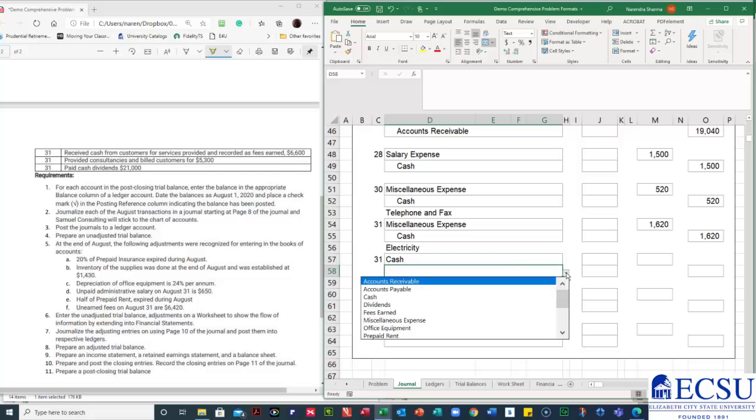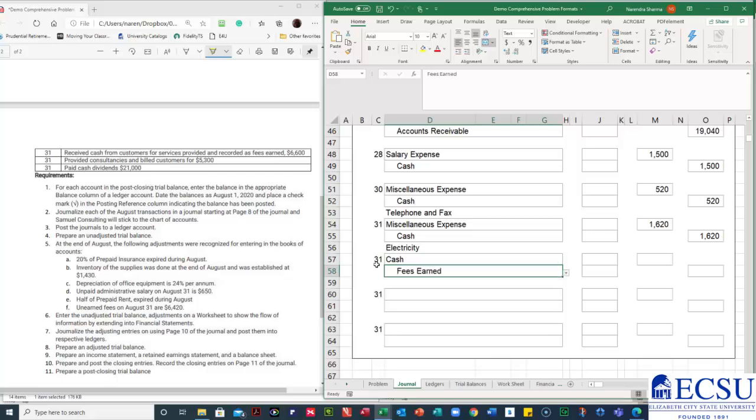That's for fees earned. Now the amount is given to you as 6,600 and 6,600.